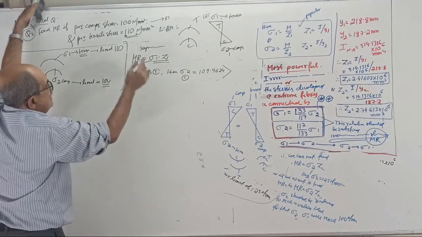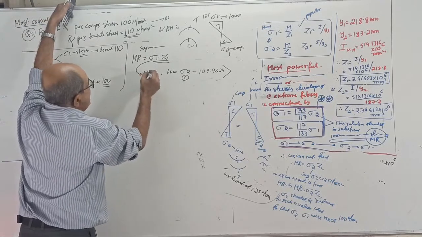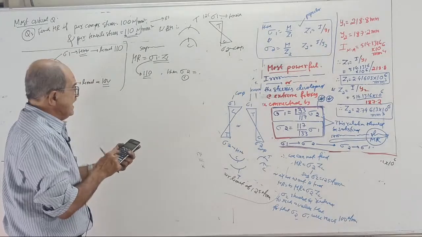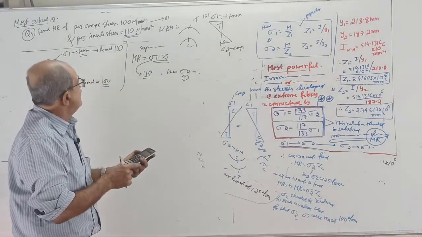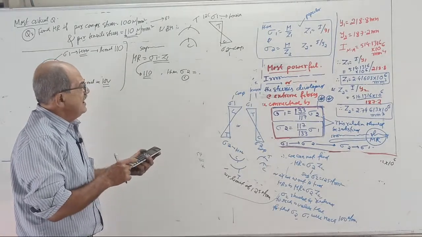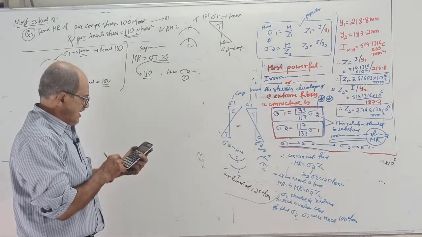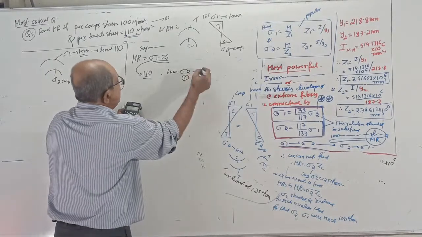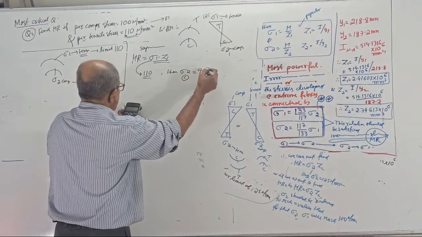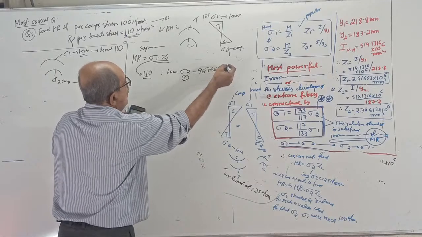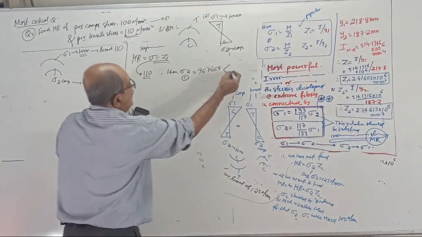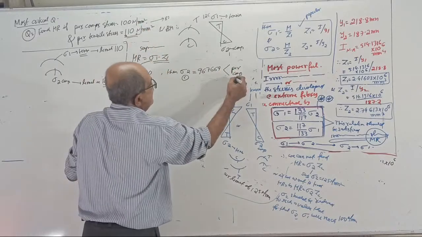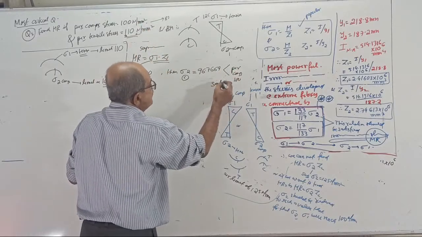Compression 100. If I put tension 110, then sigma 2 will reach 110 into 117 by 133, which is 96.7669. Oh, this is less than the permissible compression of 100. Therefore, safe.